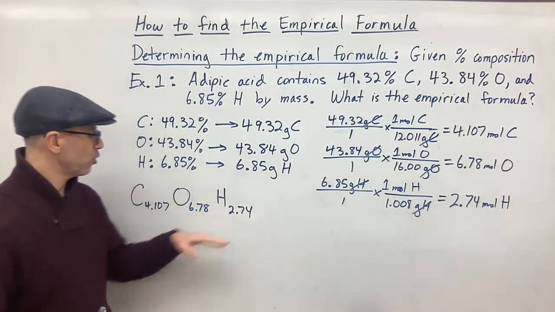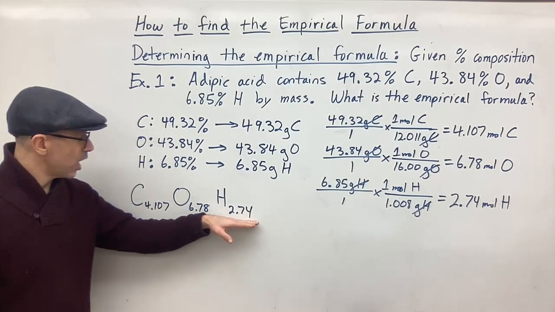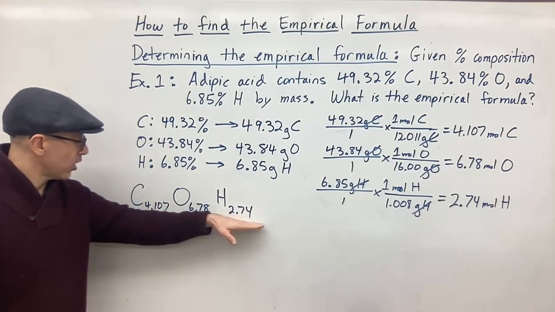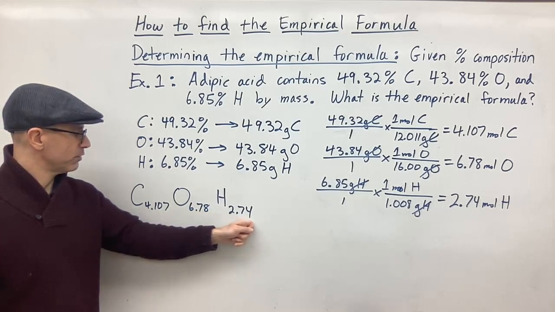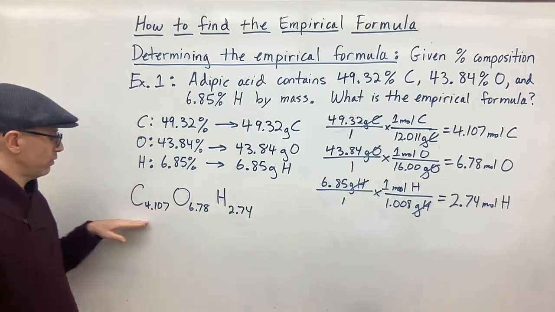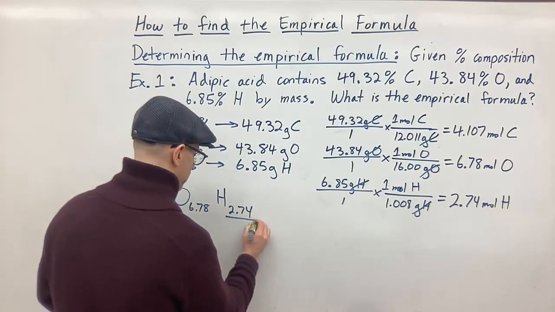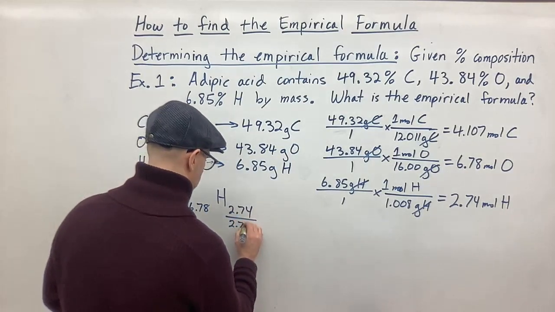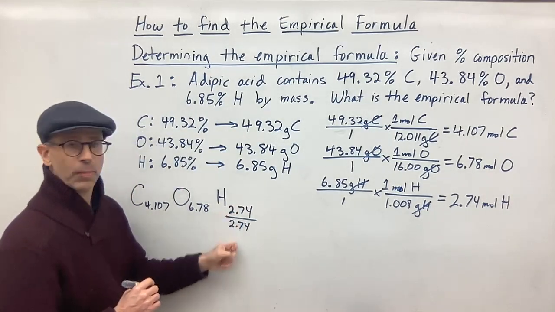The next step you're going to do is take the smallest number and divide all of them by that number. So here, the smallest number is 2.74. So I'm going to divide all of these by 2.74. And you'll notice here that I'm going to get a whole number 1.